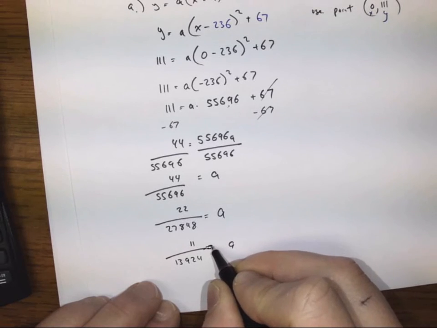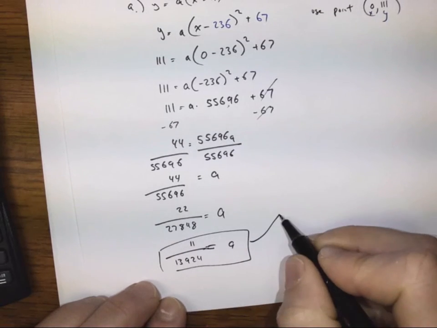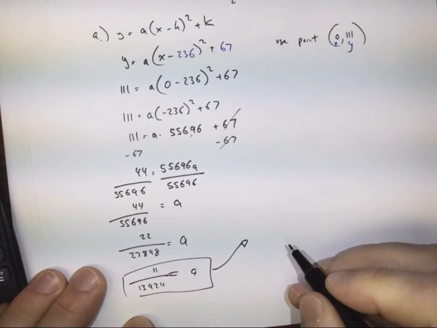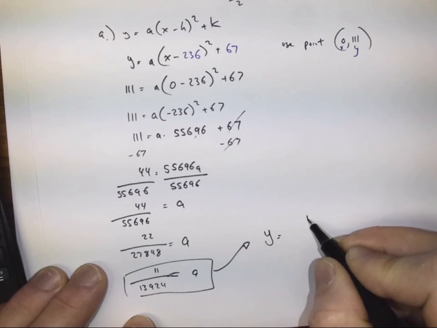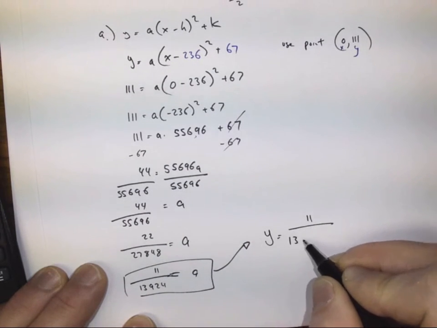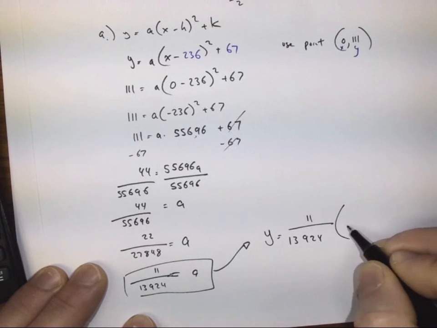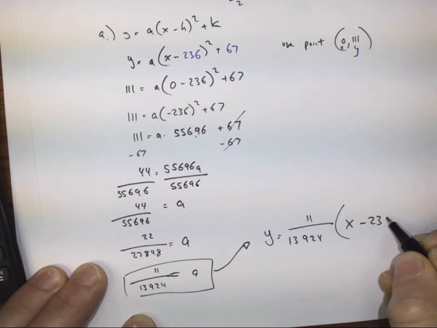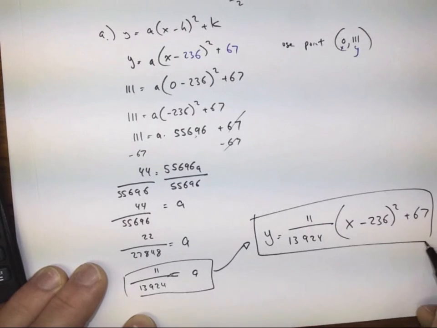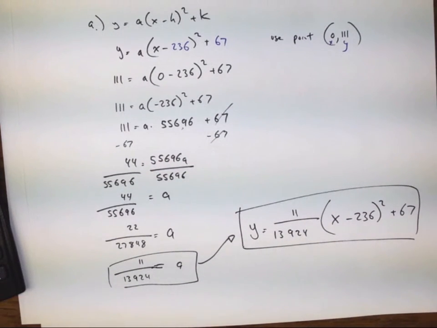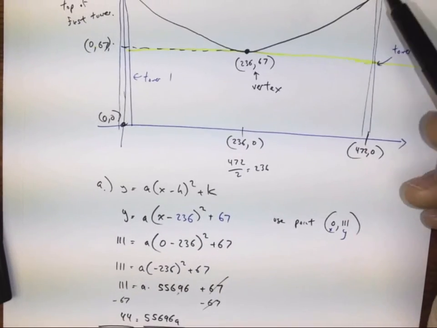And that's equal to our A value. Great. So our whole formula for this is y is equal to 11 over 13,924 times x minus 236 squared plus 67. And that's a function that tells us any point along this curve.